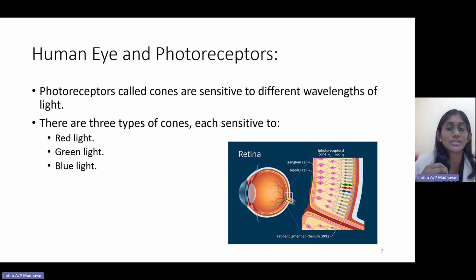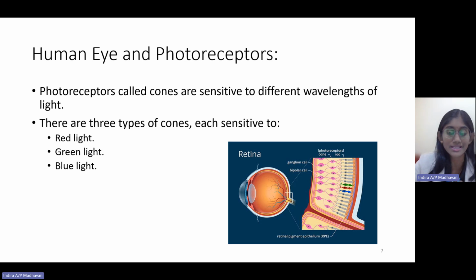In the retina we have a structure known as cones, which is very sensitive to these different wavelengths of light. Without these cones, we won't be able to differentiate the wavelengths that enter the eye.